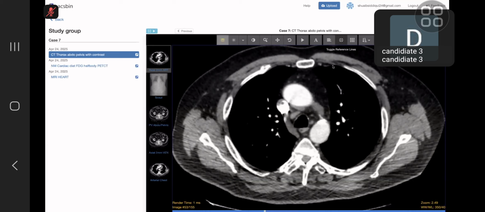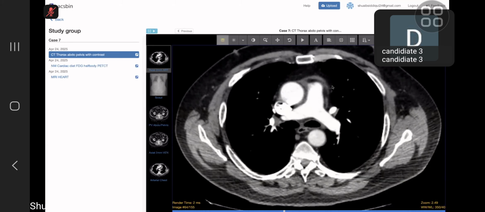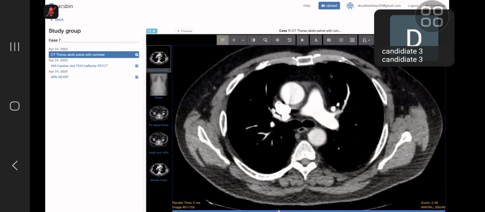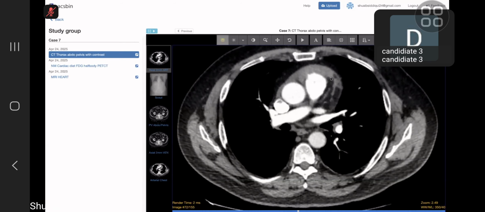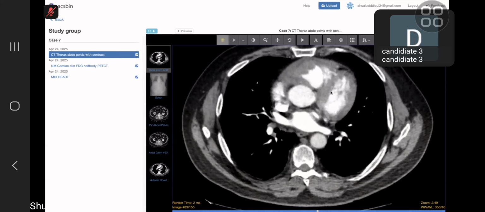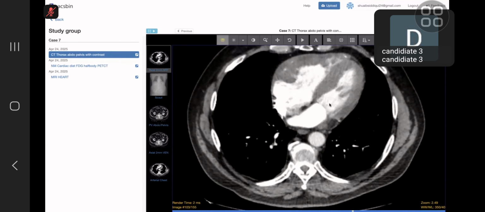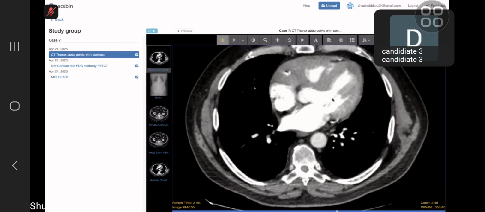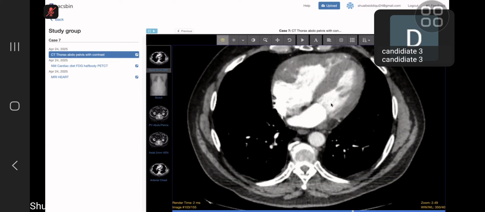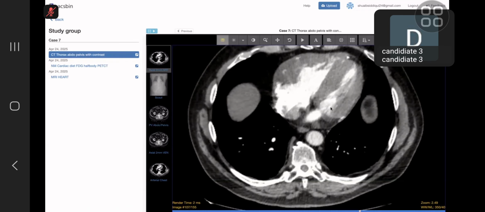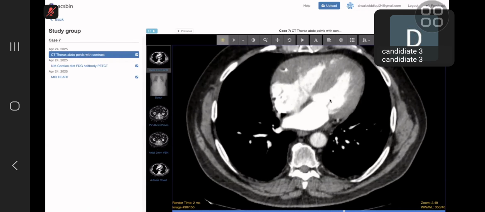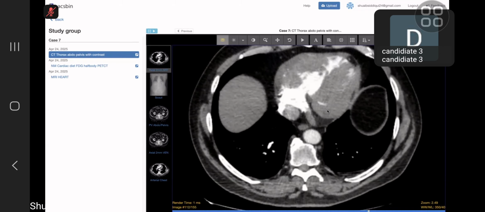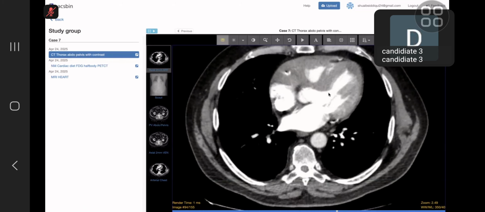I can see that both pulmonary arteries appear with no opacification. I think that there is increased thickness of the interventricular septum of the heart, and also the wall of the right ventricle.